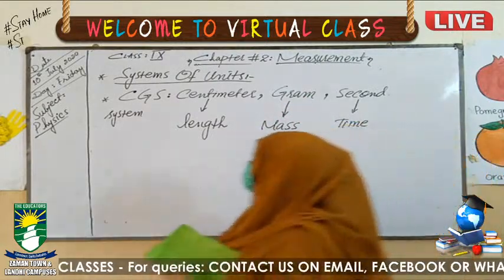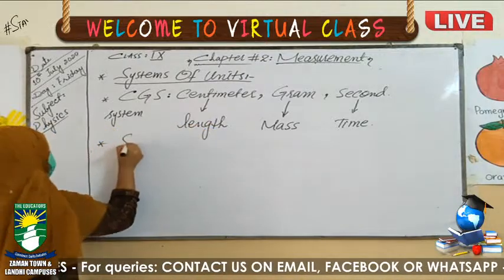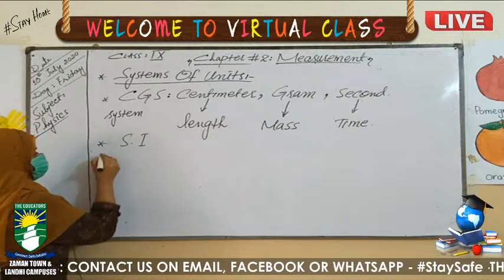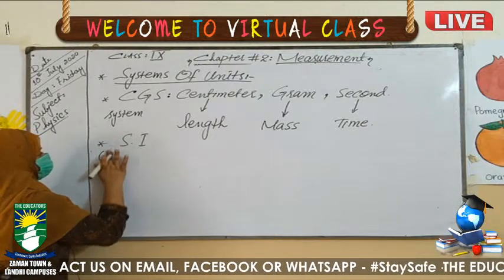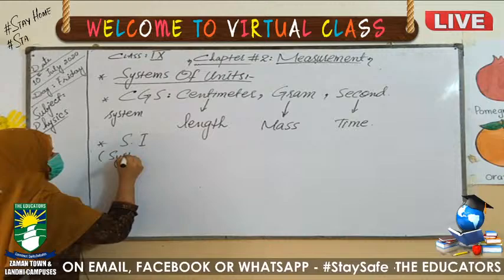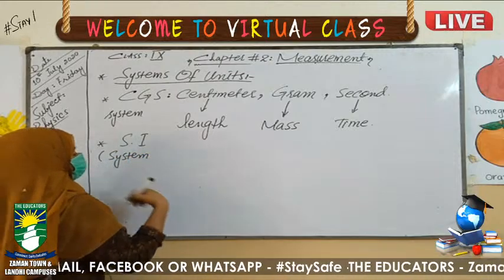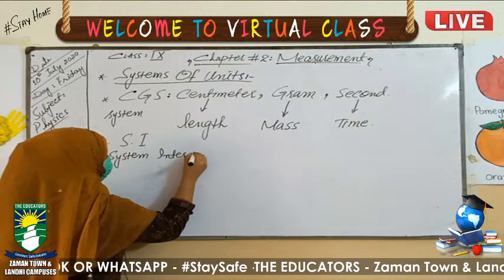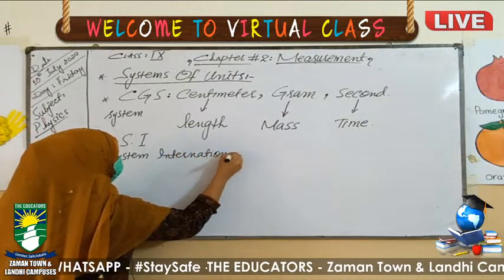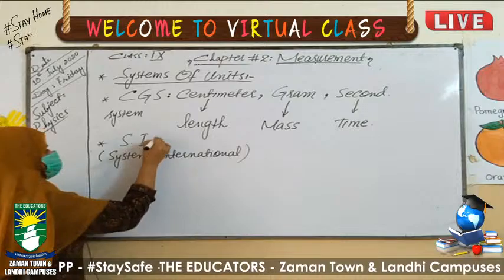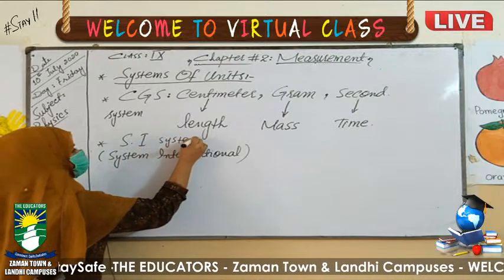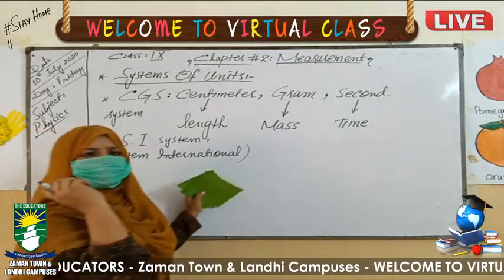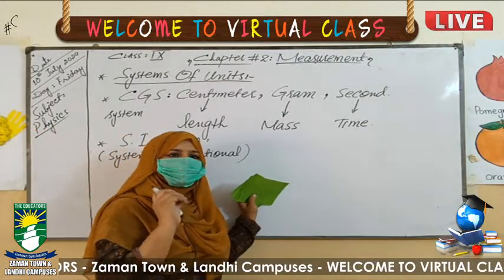The next system we have is the SI system, that is System International, or the international system of units. This system is used worldwide to show the units of particular quantities.